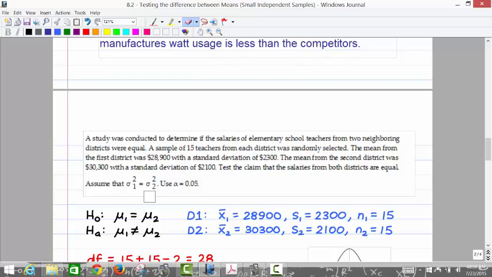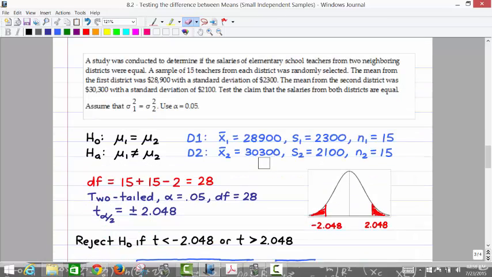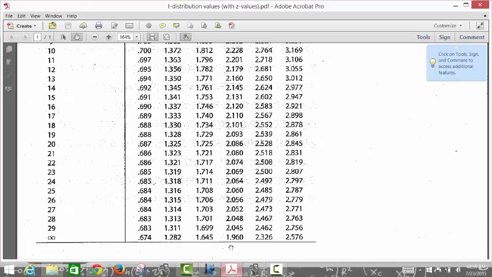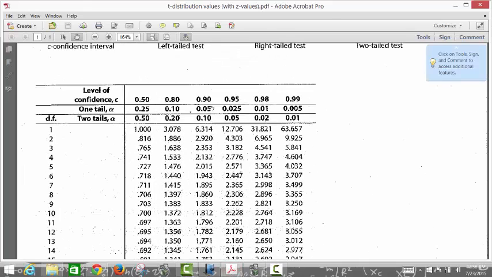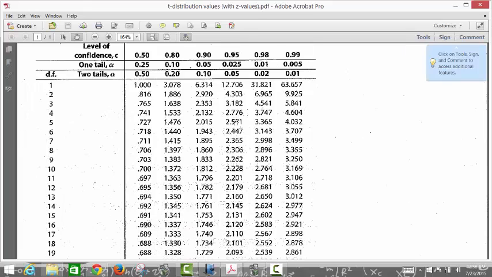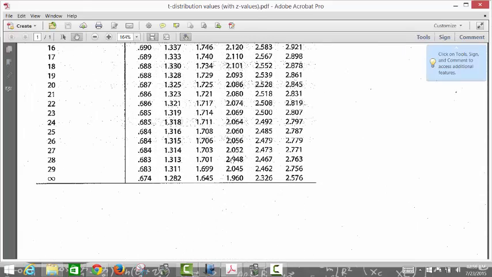So we have a 2-tail test. And then alpha is 0.05. So here are the numbers. So 15 plus 15 minus 2 is 28. So we have a two-tailed, 0.05, 28 degrees of freedom. That's column 4. Two-tailed 0.05, automatically going to be a plus and minus.